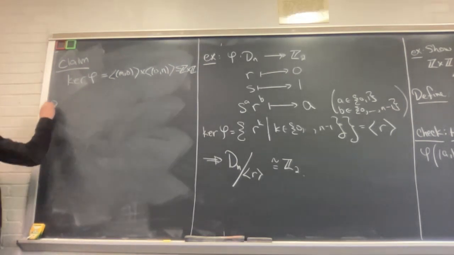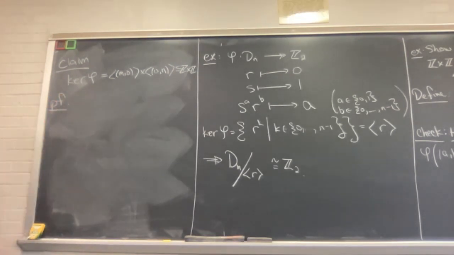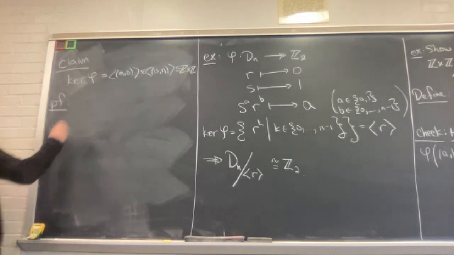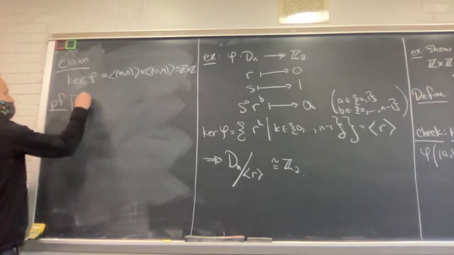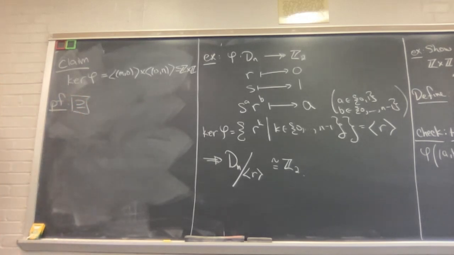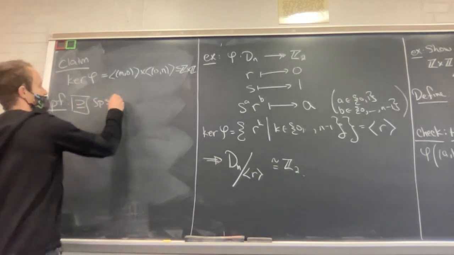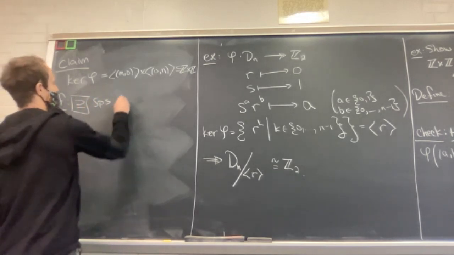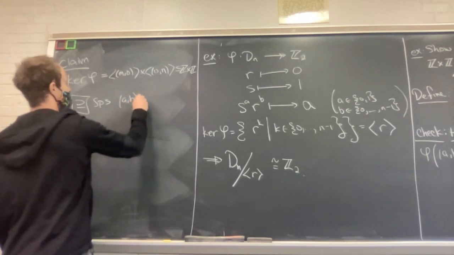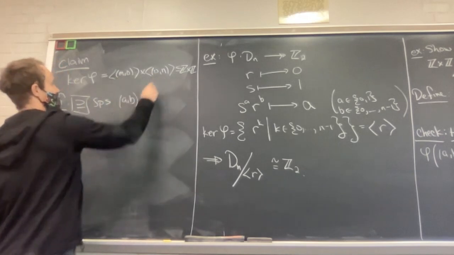So let's just prove this the old-fashioned way, by containment both ways. Let's do the reverse containment first, because I think that's a little bit easier. So let's suppose (a,b) is inside of this subgroup.